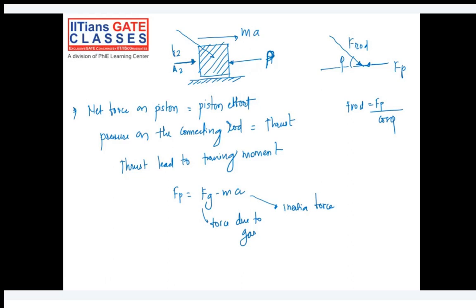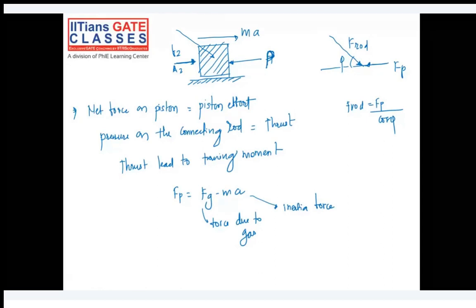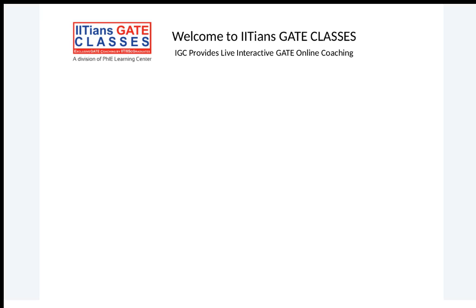So if you look into these two diagrams and write down the net force acting on the piston, which is called the piston effort, it will look like this. Fp is equal to Fg minus Ma. Okay, this pressure will be creating the Fg force.